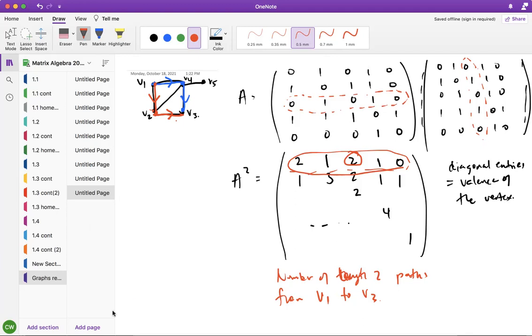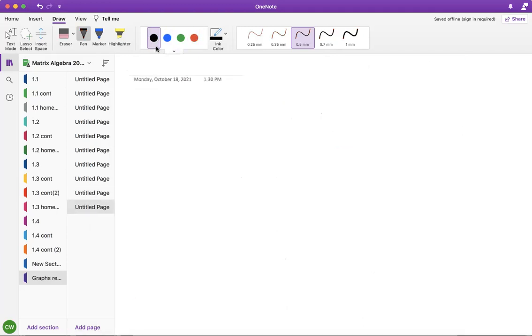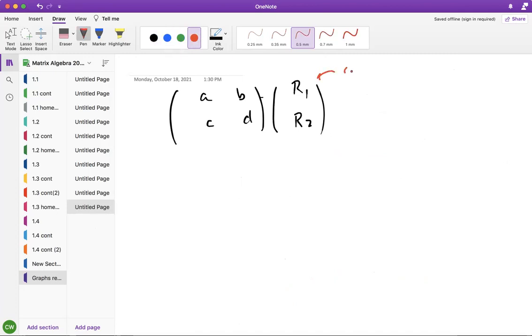And one thing I'll do, to help see that, is think about doing matrix multiplication. You can think of a matrix as a column of rows.